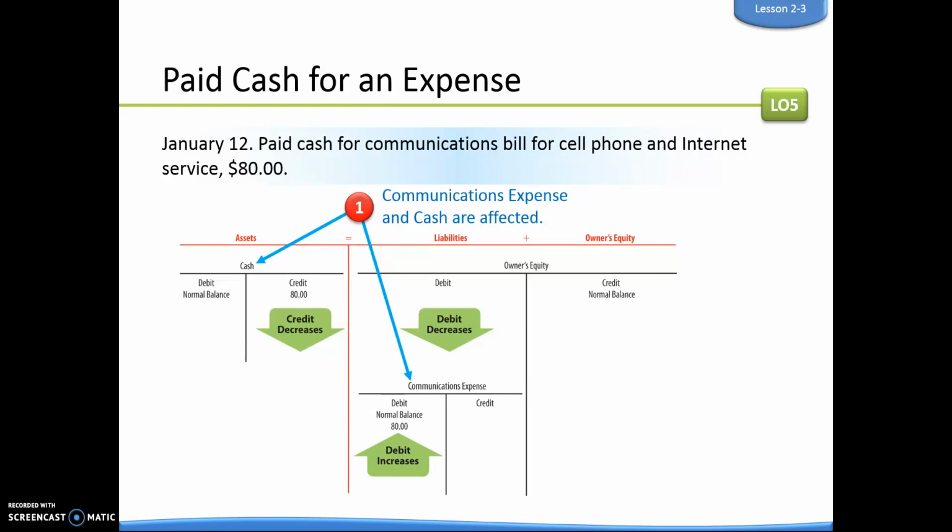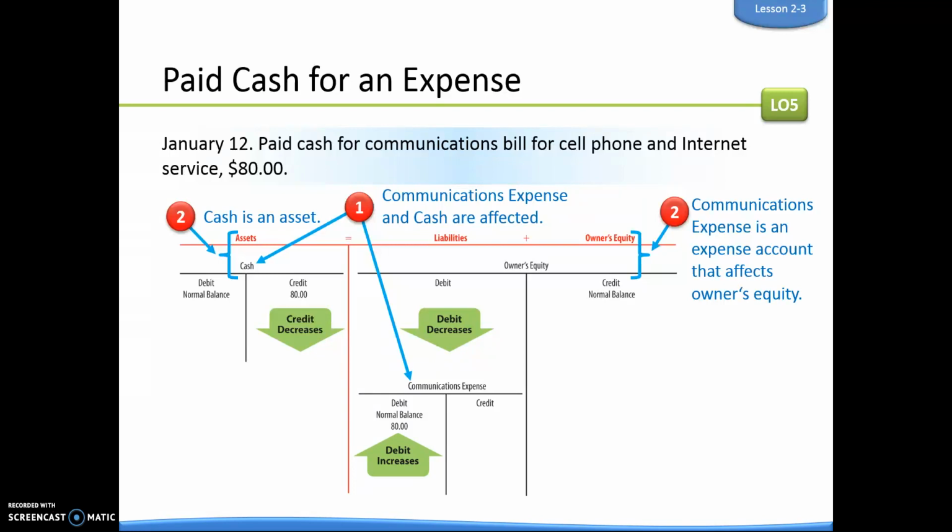Our second question is to ask how each account is classified. We know that cash is an asset, and as we just stated, communications expense is an expense account that affects owner's equity. So technically, communications falls under owner's equity account. And now we have to ask ourselves, how is each account changed?